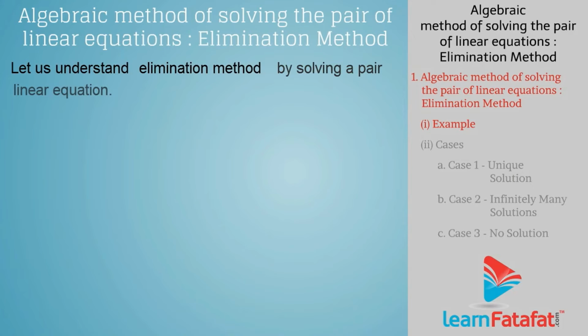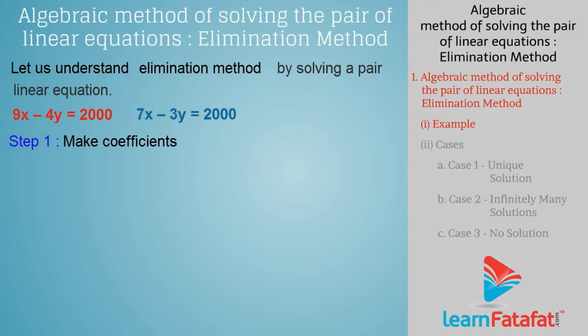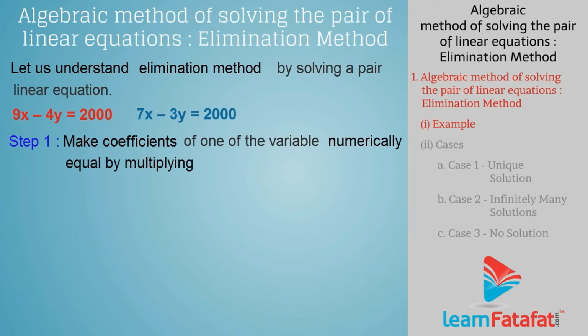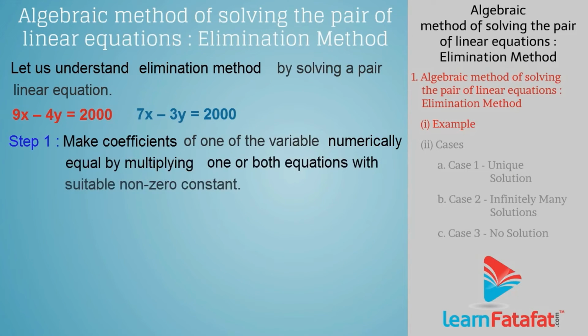Let us understand the elimination method by solving a pair of linear equations. 9x minus 4y is equal to 2000. 7x minus 3y is equal to 2000. Step 1. Make the coefficients of one of the variables numerically equal by multiplying one or both equations with a suitable non-zero constant.